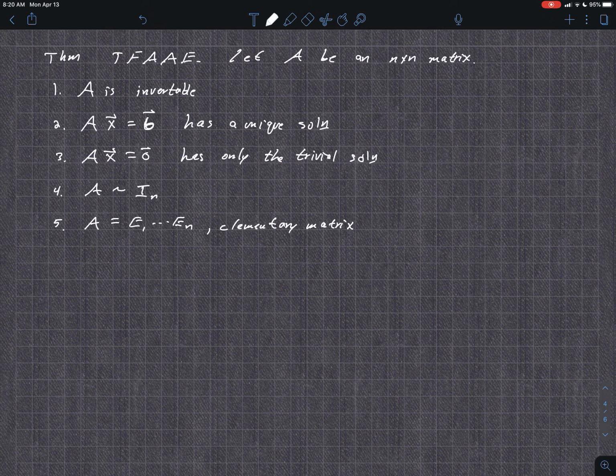Those we've all had in the past. Now we have 6, the determinant of A is non-zero. That's adding to our equivalent conditions.